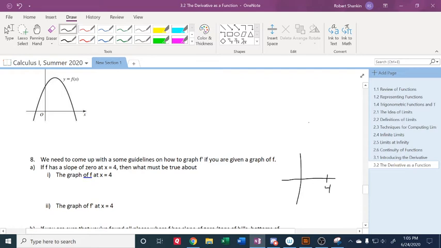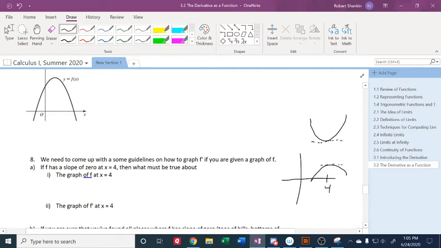Very good. All right. See, if we were going like this, then the tangent line at 4 would be horizontal. And if we were like this, and it's not just a parabola, it's any kind of dip.